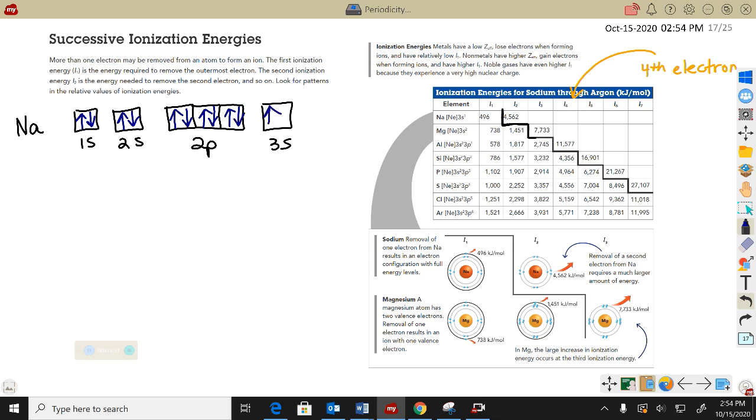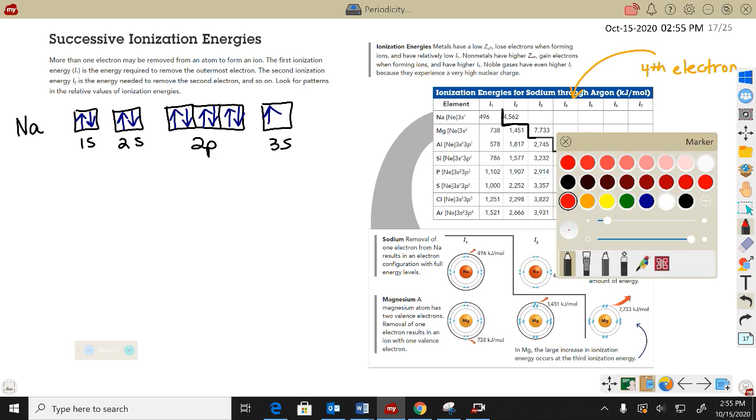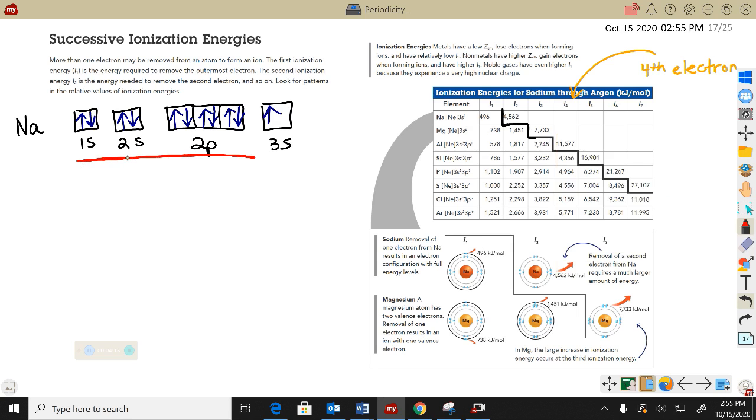Okay, so we've said that in order to fill the outer shell, sodium would like to lose that outer electron. And so this ionization energy is the amount of energy it takes to remove the outermost electron, and the goal then is to have a full outer shell. So in sodium, for example, these are going to be my core electrons, and this guy in the 3s is my valence.